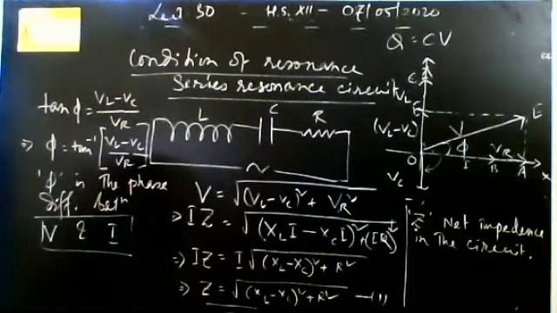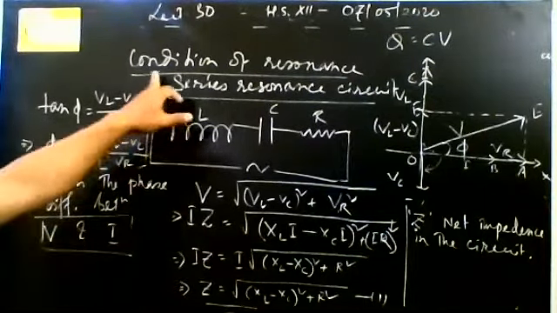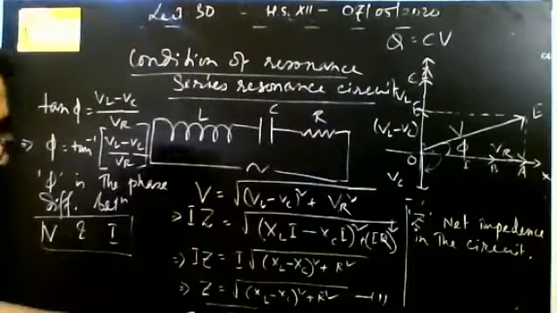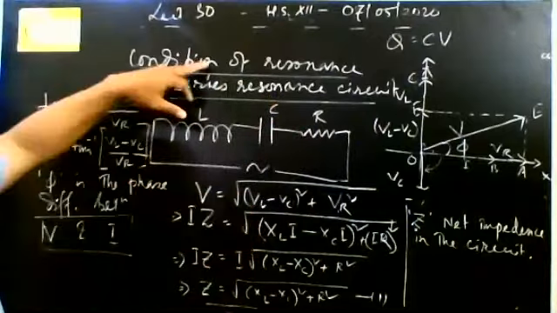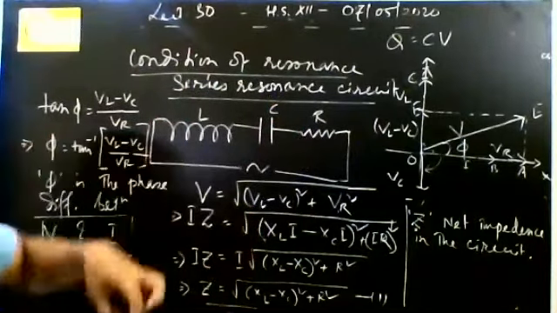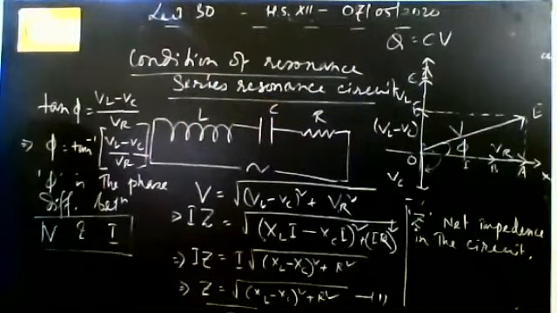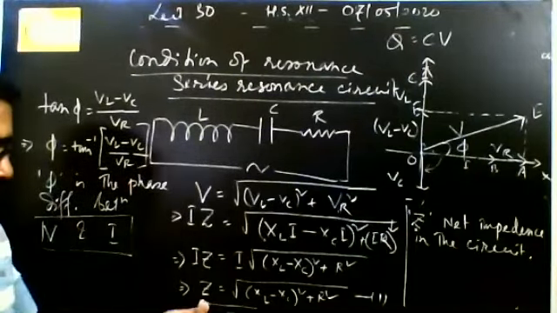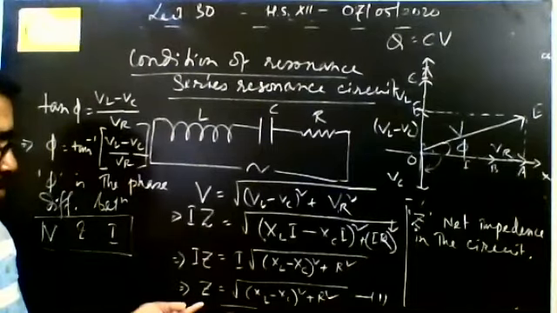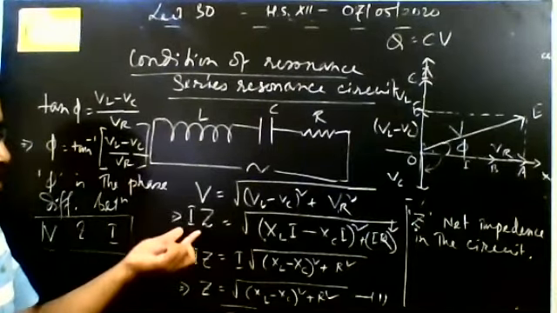Okay. So the next point is how to get the resonance condition. Our discussion is the condition of resonance. How to get resonance? What is resonance? So in case of resonance, you see the impedance Z. Here V is equal to IZ.